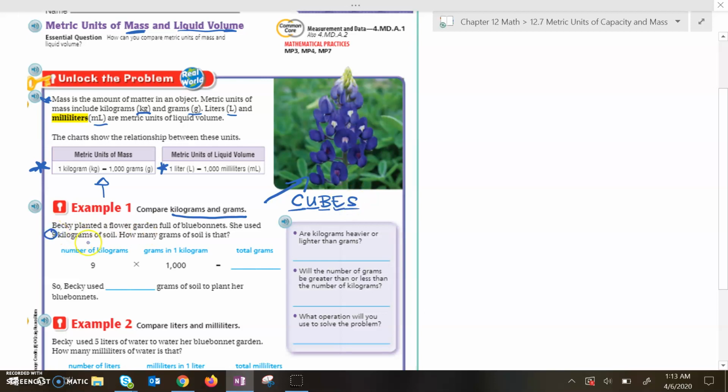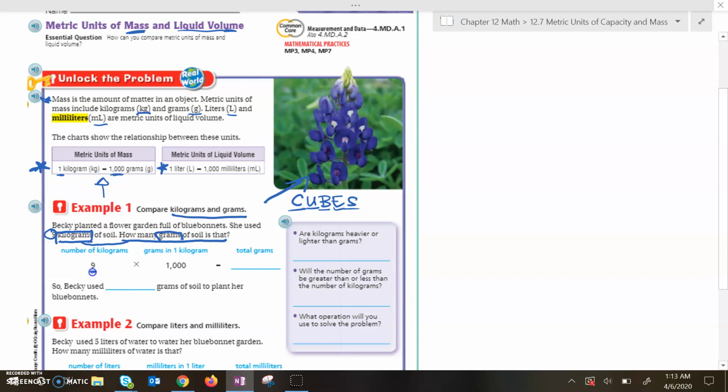So we're going to circle 9. Kilograms is a keyword. How many grams of soil? So now we know we need kilograms to grams. And we know that for every 1 kilogram, we have 1,000 grams.